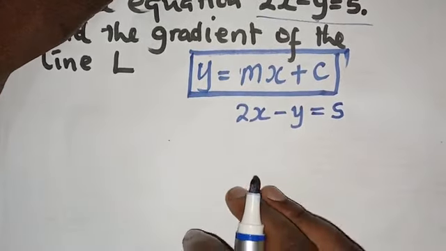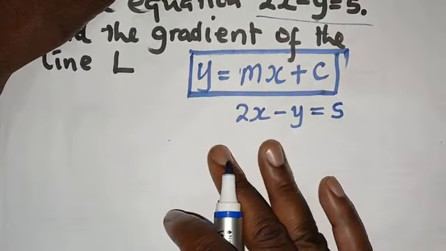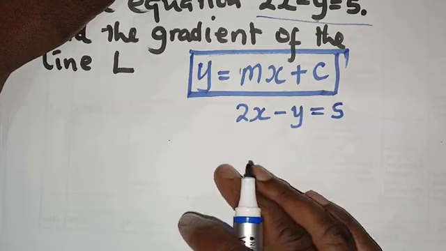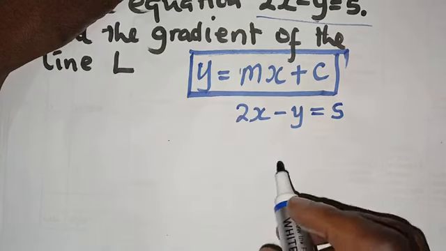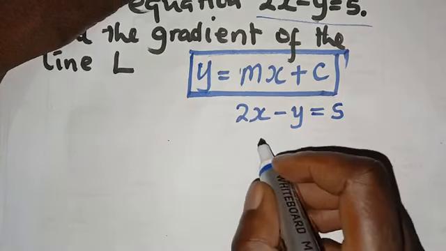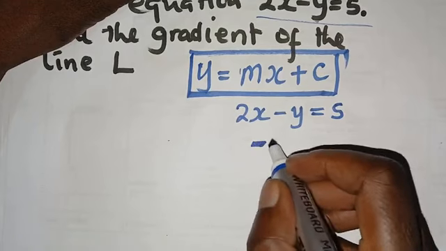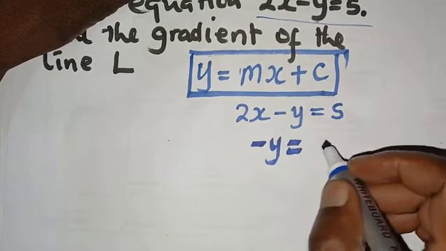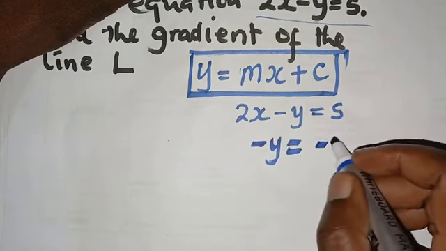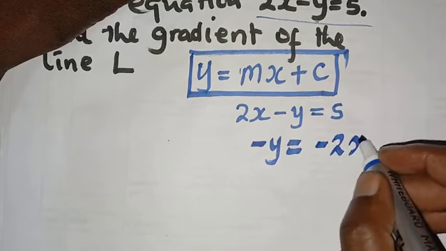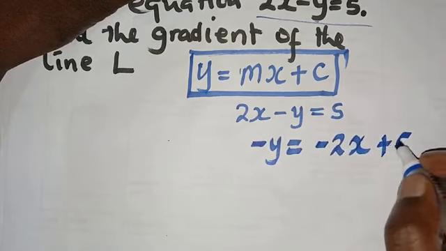Remember, I'm trying to push the equation until we get it in that form. So what do I do? The first step, I'm going to say, let me say minus y is equals to minus 2x plus 5.